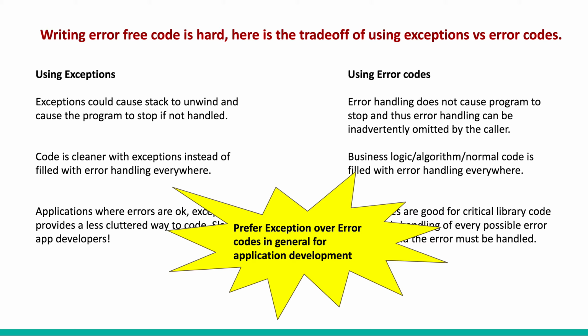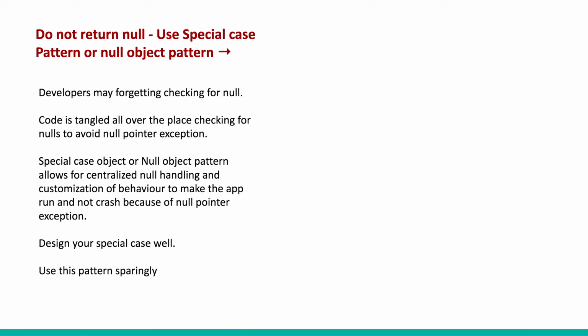So that's one of the major topics in this chapter: using exceptions over error codes as much as possible. I've added some links in the reference section where there are a lot of interesting blogs from Microsoft and from the CEO of Stack Overflow, who have different perspectives on what should be the right preference.